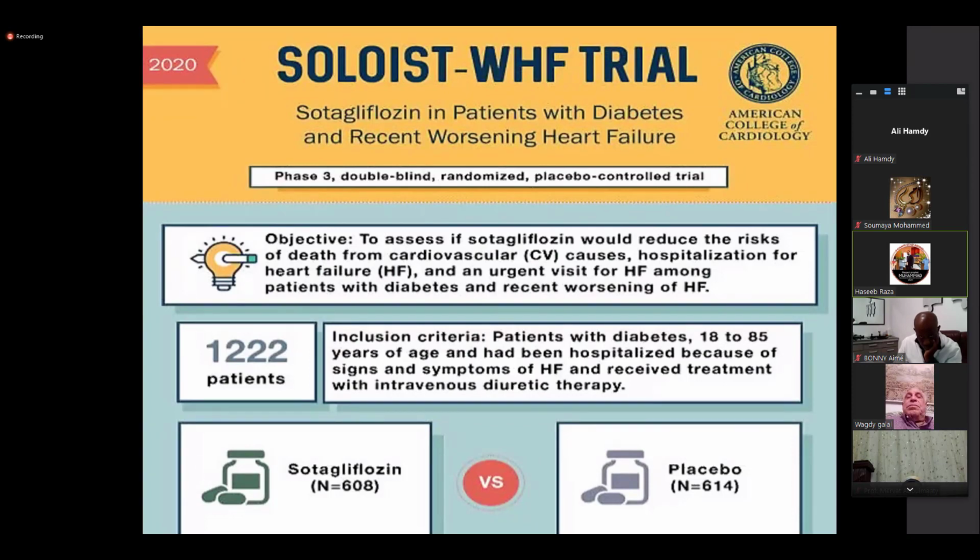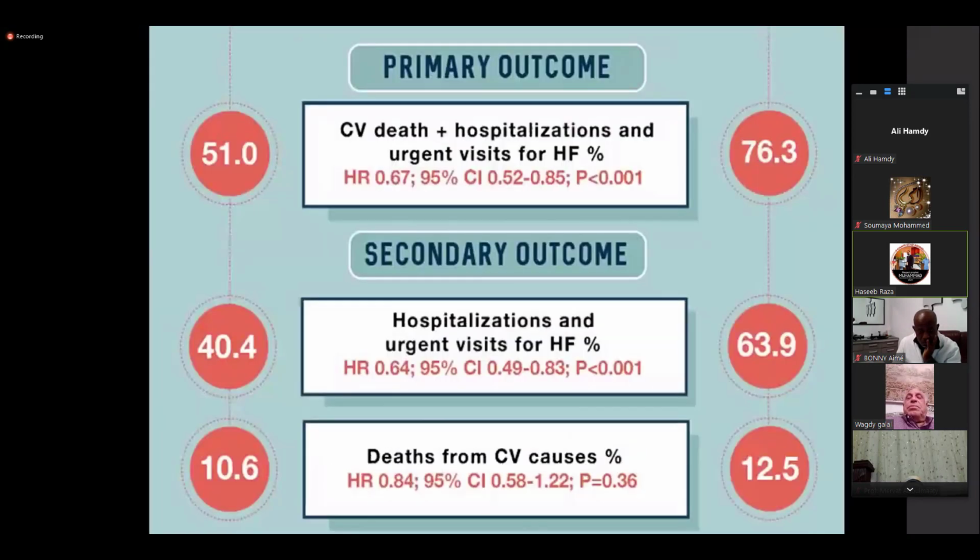This is a trial, the SOLOIST-WHF trial, and they used this drug sotagliflozin in patients with diabetes and heart failure. And the beauty about this drug, sotagliflozin, is that it has action not only in the kidney but also in the gut, where it inhibits glucose reabsorption.